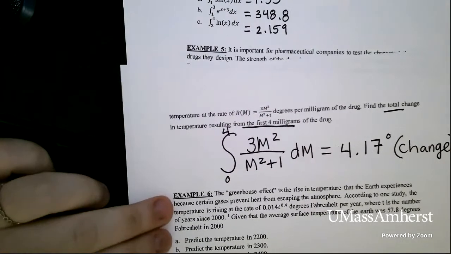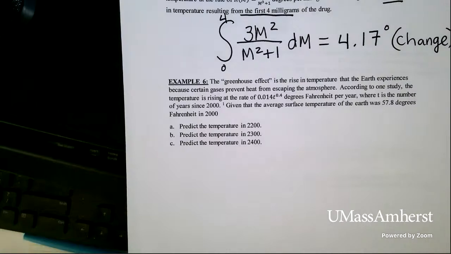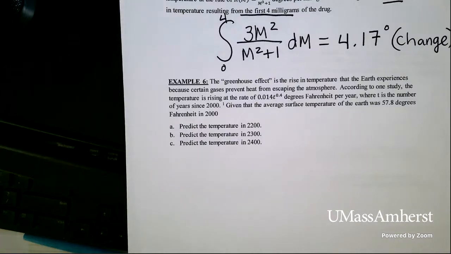Okay, so let's look at another word problem example here. The greenhouse effect is the rise in temperature that the Earth experiences because certain gases prevent heat from escaping the atmosphere. Just for clarification, the quotations around greenhouse effect are directly from the problem, not implemented by me. I believe in the greenhouse effect. I'm not really sure why it's in quotes.